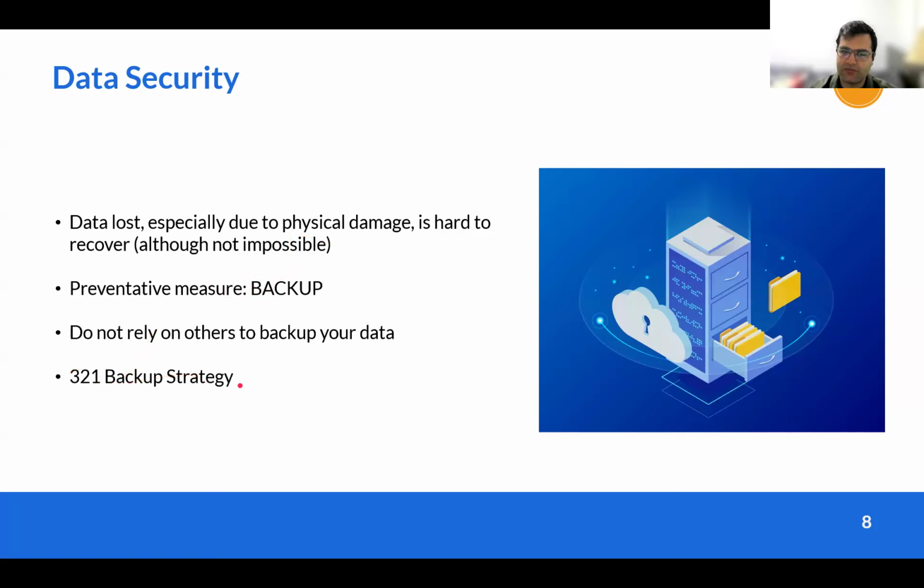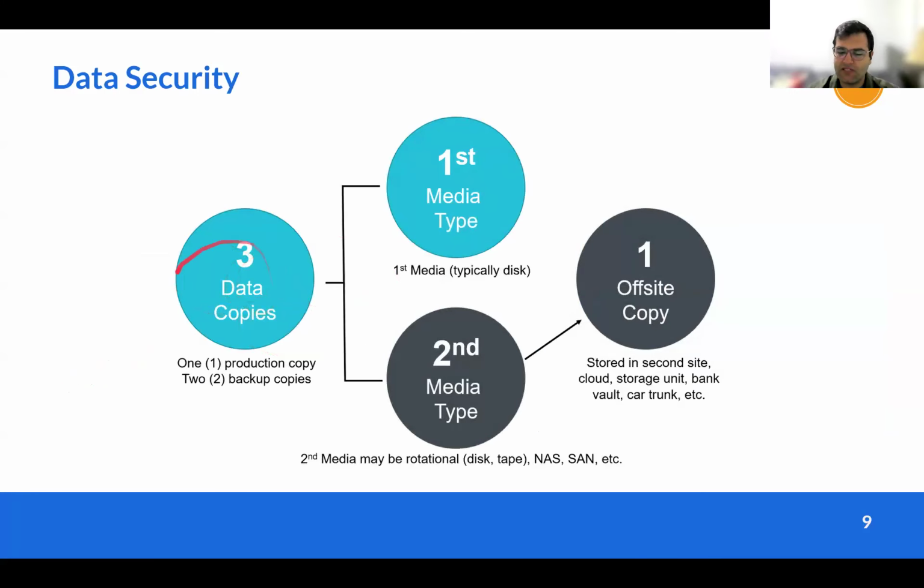And use the 3-2-1 backup strategy. I mentioned this in every module, I think. The 3-2-1 backup strategy is you have three copies of your data in two different media types. The first one is usually your permanent storage in your laptop or computer, your hard disk drive or SSD.